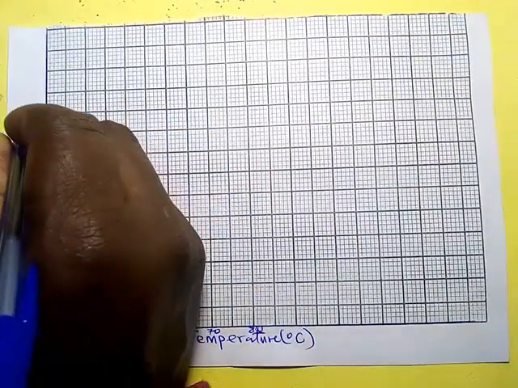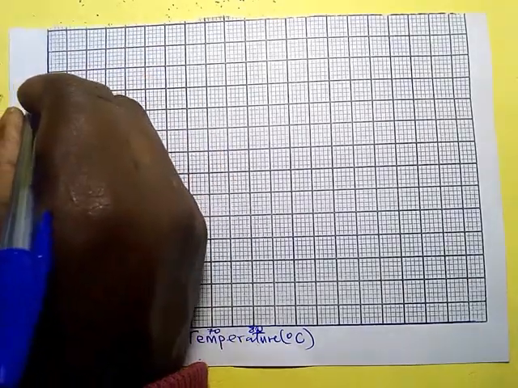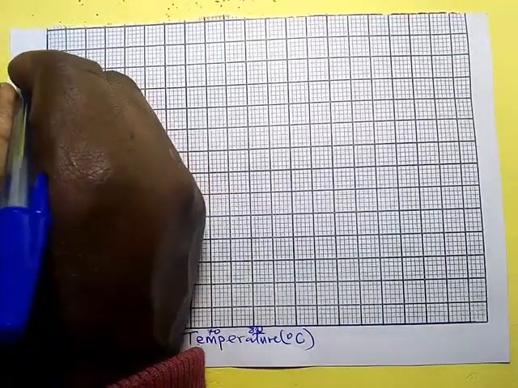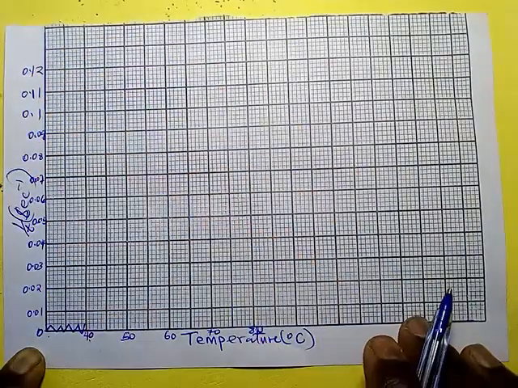Now we are going to turn, that is 0.1, 0.11, 0.12, but we stop at that point.